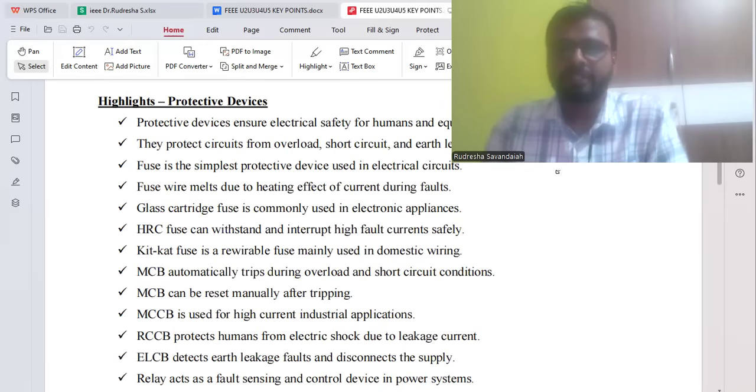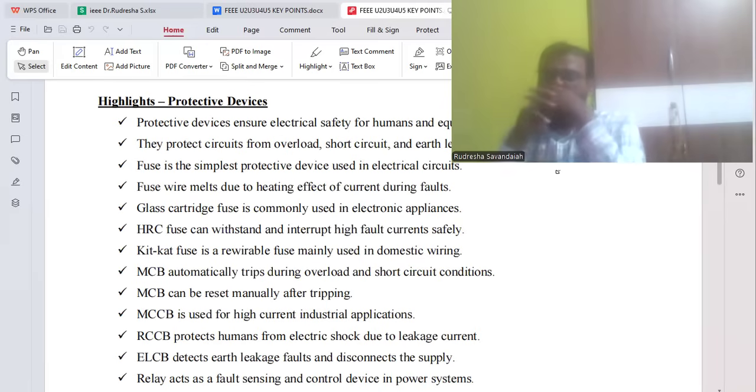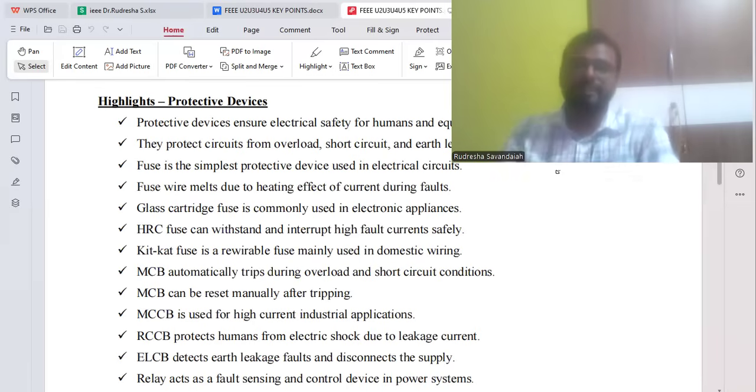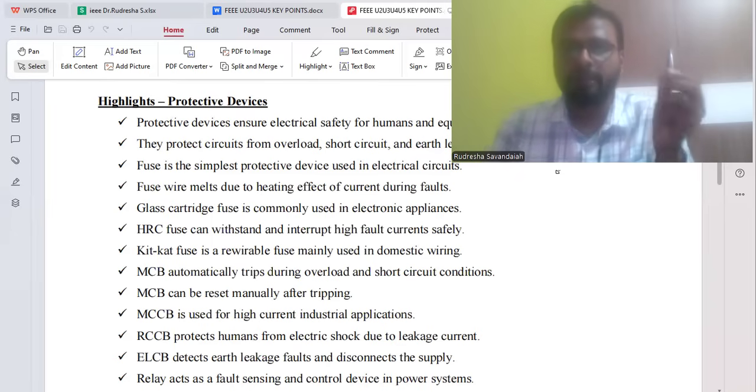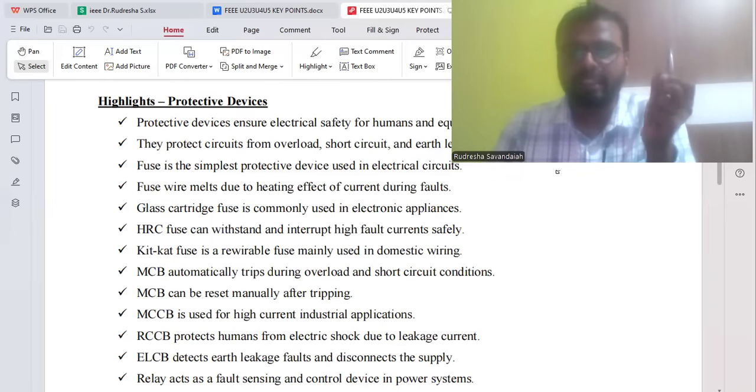They protect the circuit from overload, short circuit, and earth leakage. Fuse is the simplest protective device used in electrical circuits. Fuse wire melts due to the heating effect of current during overloads. Glass cartridge fuse is commonly used in electronic appliances.